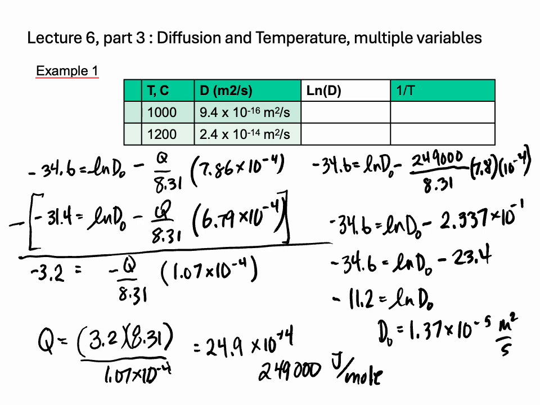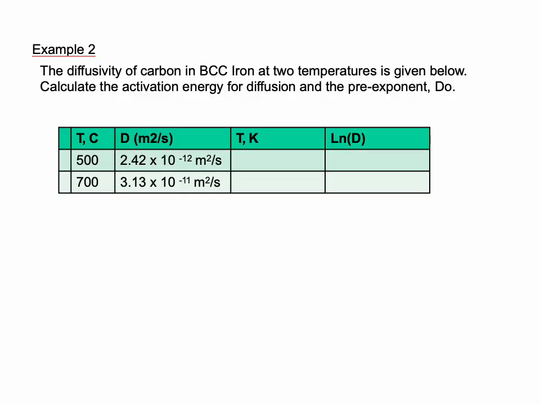Okay? Two equations and two unknowns. Let's try one other example. Here we've got two temperatures, 500 and 700, and two different diffusivities.